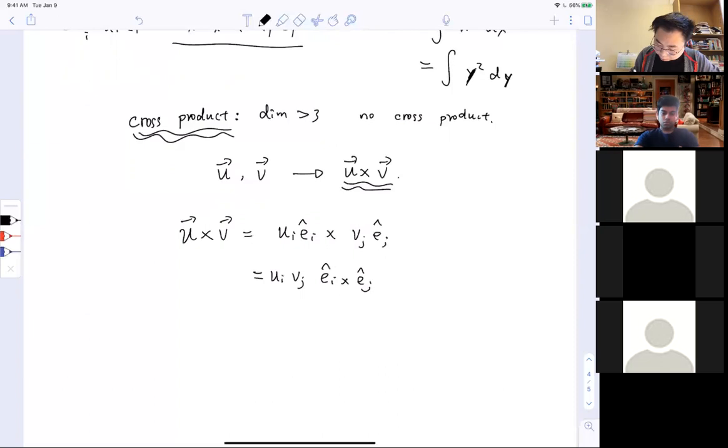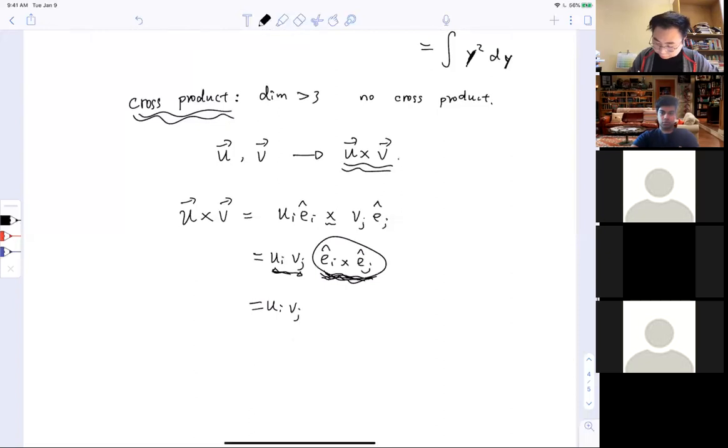By the way, this cross product is only a product between vectors. The u and v are numbers, they're components, remember? So you can just factor them out and put them in front of this product. The product only happens between the bases, the vectors.